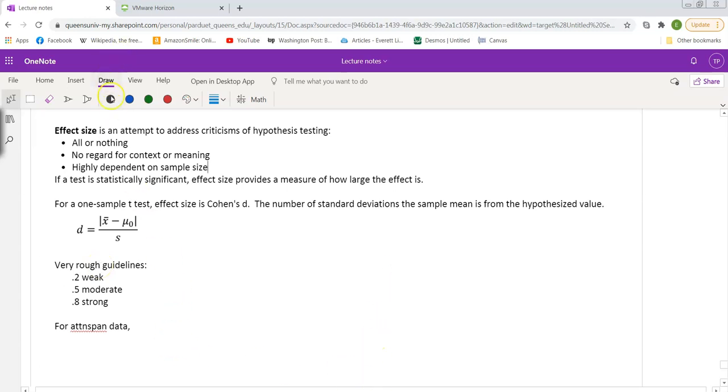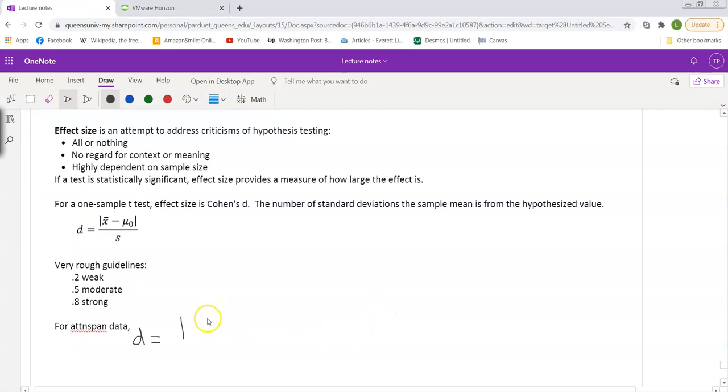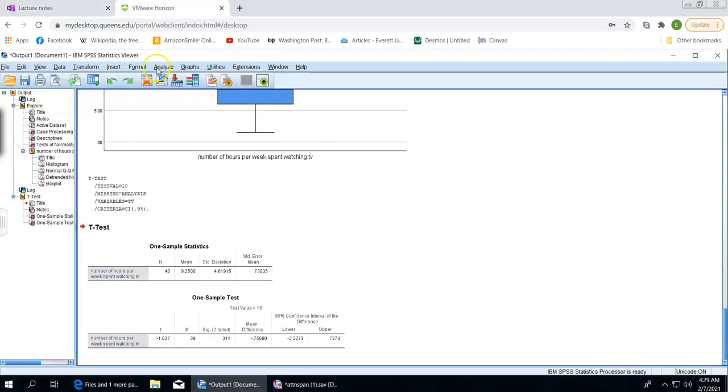For our attention span data, Cohen's d is calculated as the absolute value of 9.25 minus our hypothesized value, which was 10, and then we divide by the standard deviation, which is 4.619.